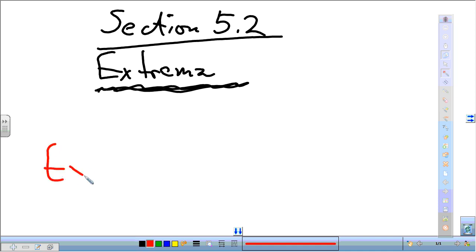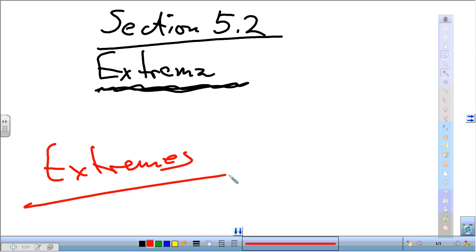So, something to do with values that are extreme.